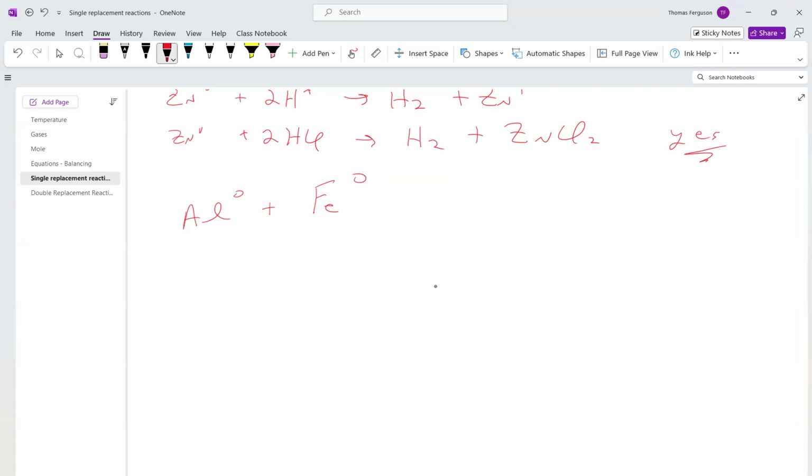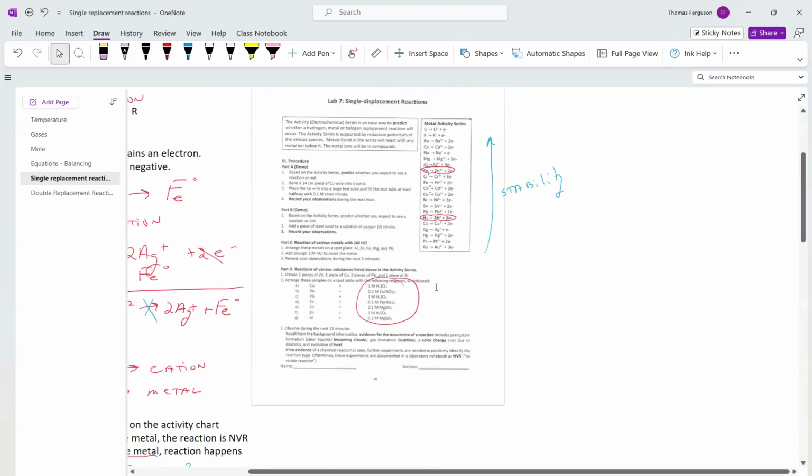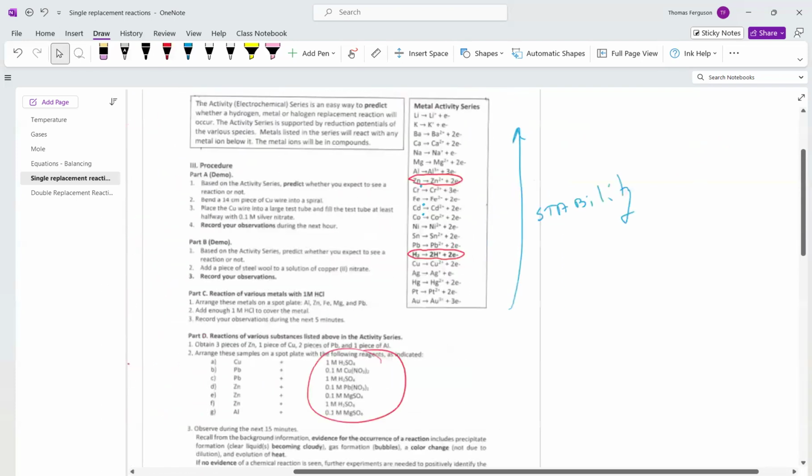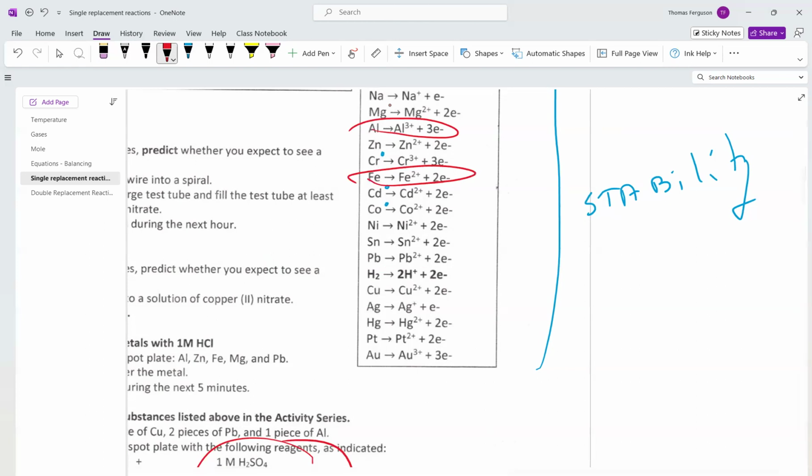So again, you look on your activity chart for aluminum and iron. Okay, here's aluminum, and here is iron. Which one wants to become oxidized more than the other?